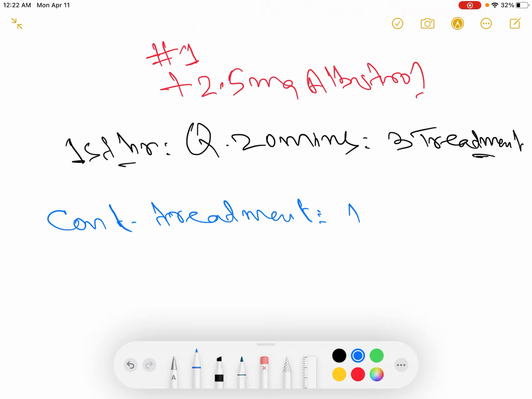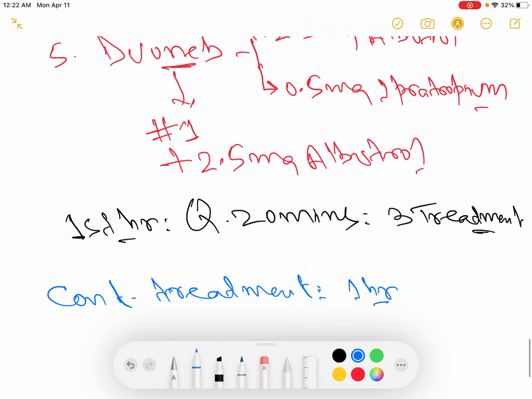Again, intermittent versus continuous treatment will be a clinical decision that you will make. Some of the new data shows that the continuous 1 hour treatment tends to be more effective and causes less hospitalization compared to intermittent treatment every 20 minutes with 3 treatments.